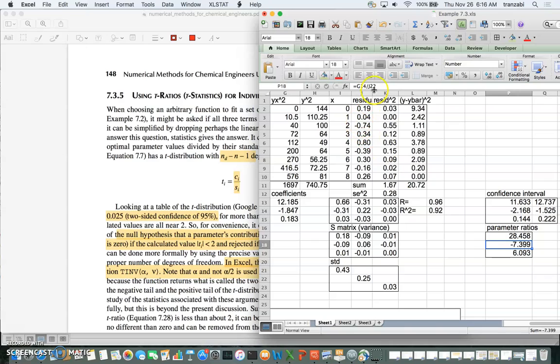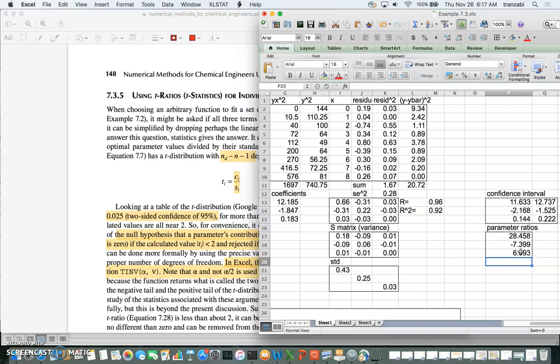The second one, the same way: the second coefficient divided by the standard deviation of the second parameter. And the third one is the coefficient divided by the standard deviation of the third coefficient. It gives me this. Because the absolute values of all of them are bigger than 2, all of them are significant, which means the quadratic model is good. It has to be quadratic.